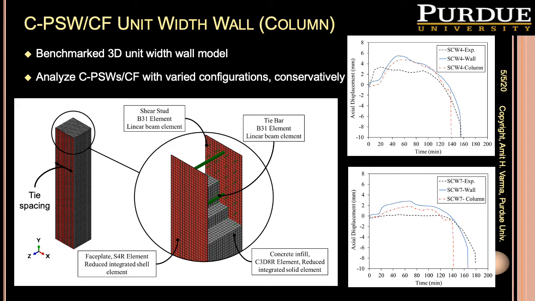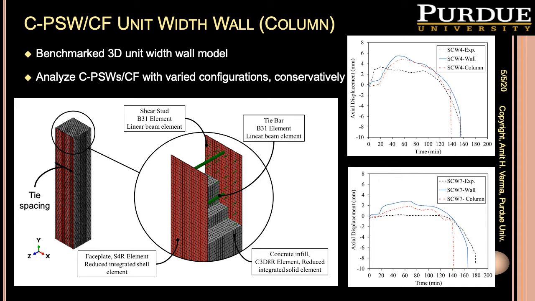The failure time of the SCW4, the figure on the top, was about 155 minutes, which was reduced to 139 minutes for the unit width wall models.